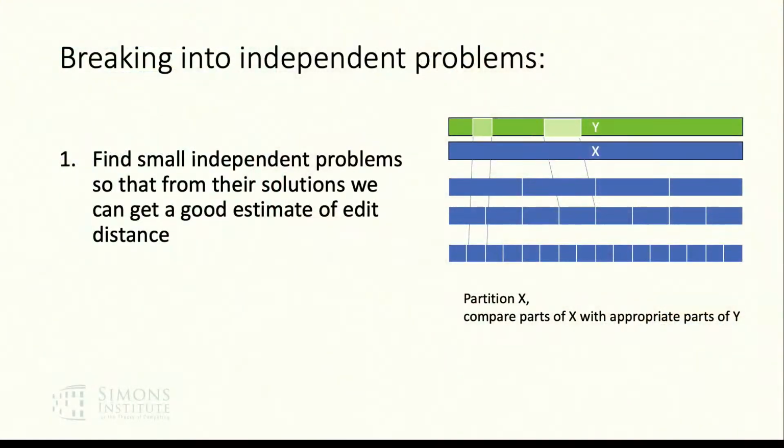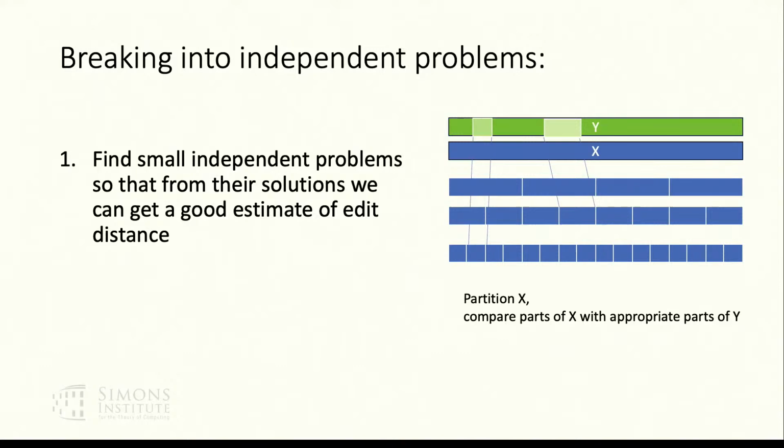First of all, if I'm trying to design a good dynamic algorithm, not just for edit distance but for anything, I would need to find some small independent problems so that from their solutions I can get a good estimate of my final answer. Maybe I can take my x and start partitioning x into smaller and smaller parts until it becomes one element at the leaf.